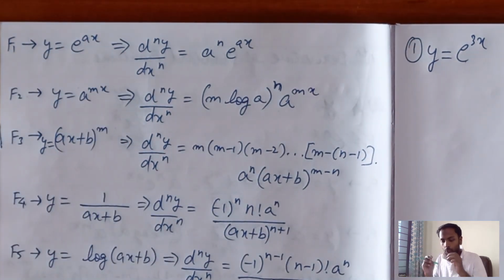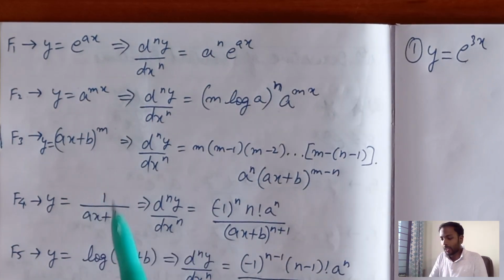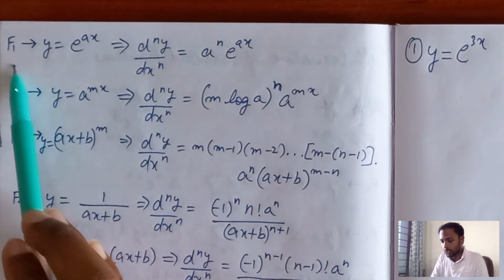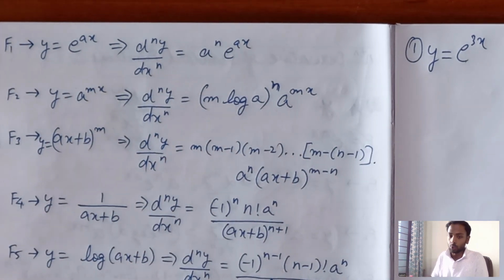So you must choose a formula in such a way that the formula and the question look somewhat in the same form, or similar form. By that way I can say that e power ax, this is the first formula that you should be applying in order to solve this question. So let's do it.